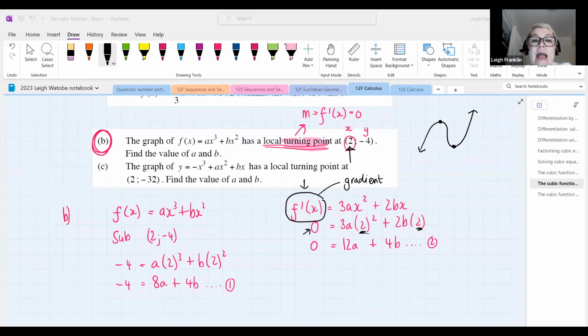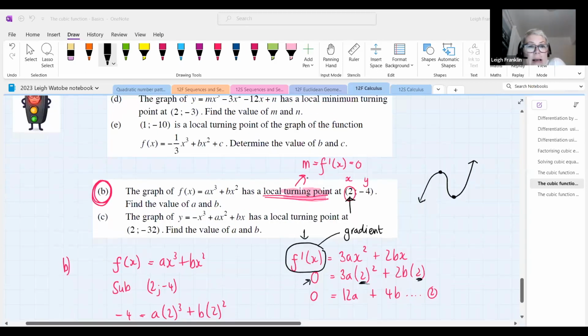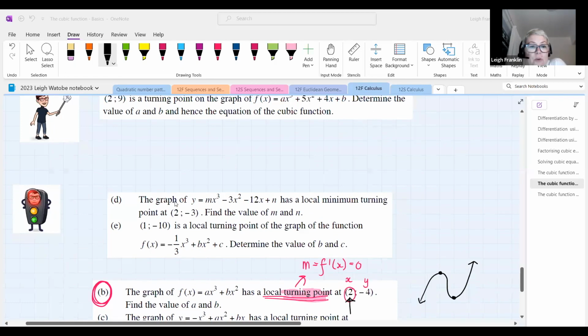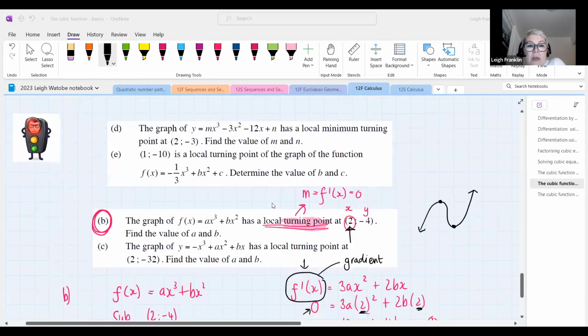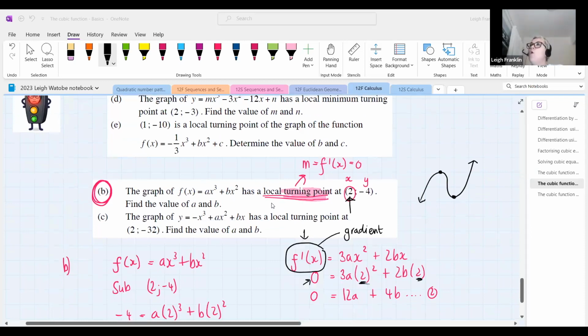So Leanne, they will have to give you a little more information than that. They could give you c and d. If you look at question D over here, they have told us that b is -3 and c is -12, and they want us to work out what m and n are. They can't give you four unknowns.